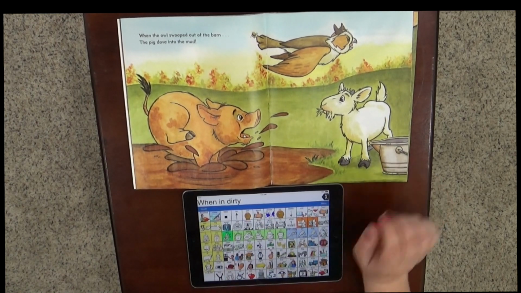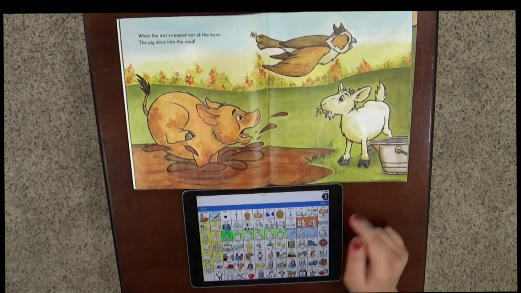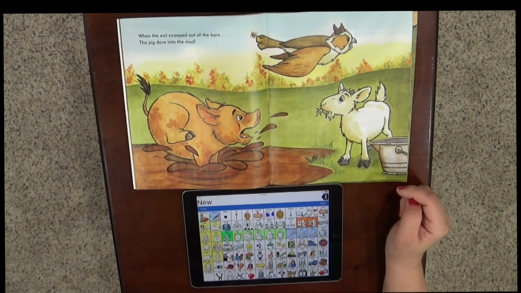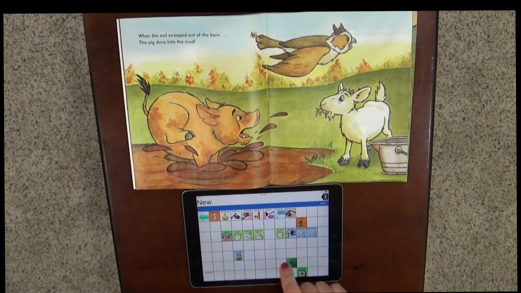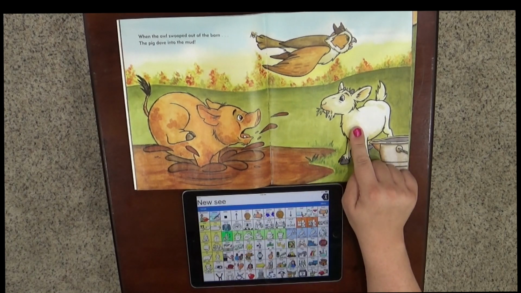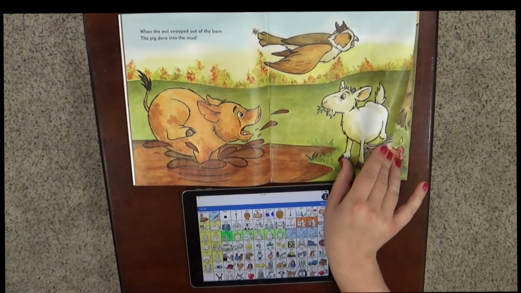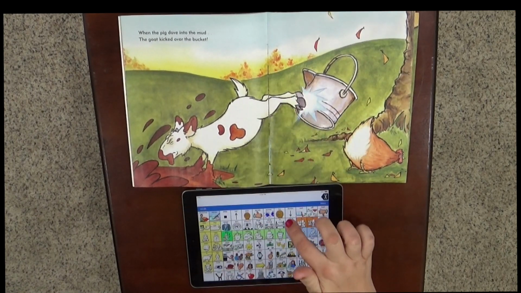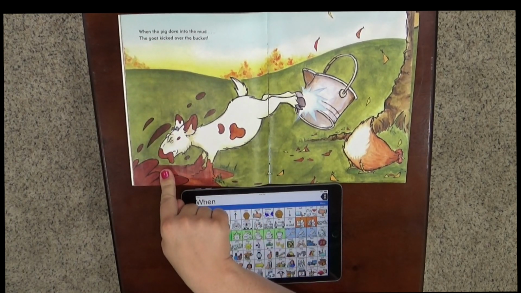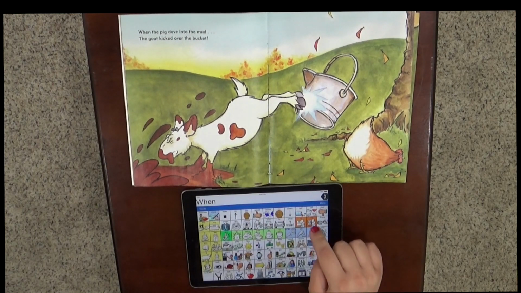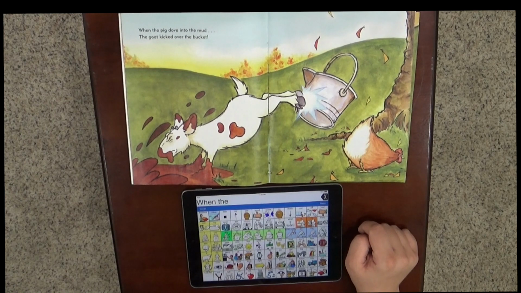Dirty. Oh no. Alright, so we have our spider, owl, and pig. Is there a new animal in our picture? Yes. I see a goat. I wonder what's going to happen to the goat. When the pig dove into that mud, the goat kicked over the bucket.